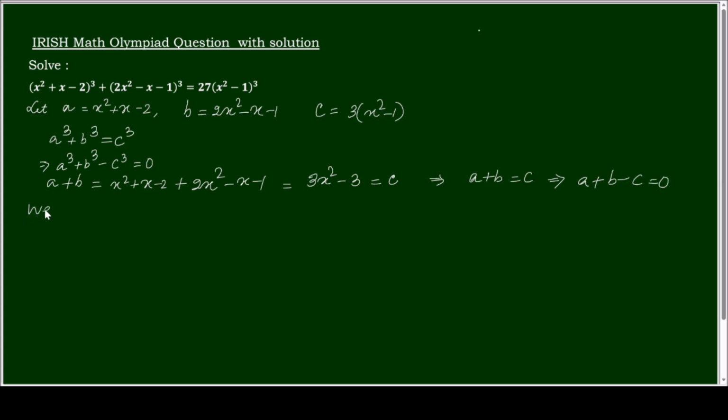We know that when a plus b plus c is 0, then a cube plus b cube plus c cube equals 3 times abc, and c is negative c here.